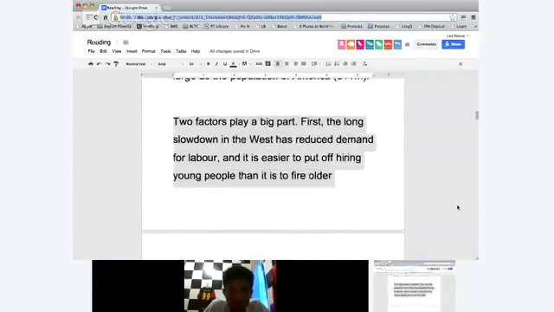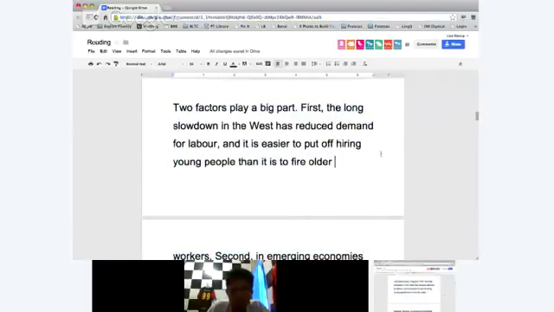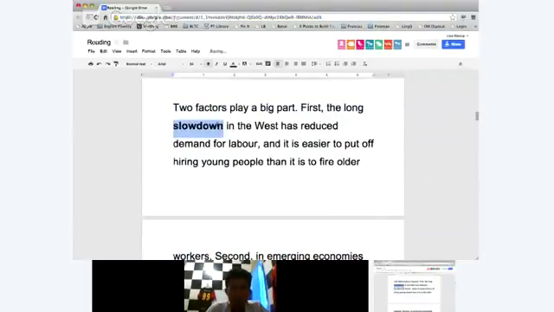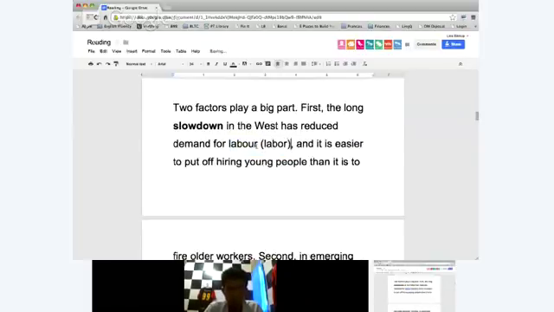Okay. So basically, they're saying that there's been a long slowdown in the economies in the West, which means like the United States and Western Europe, so there's less demand for labor. And here's another British word: in the United States we leave out the U and we say labor.